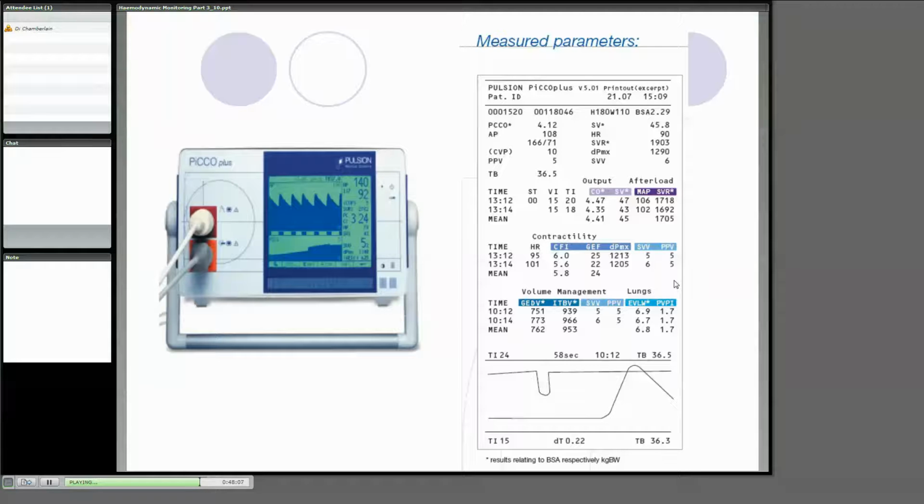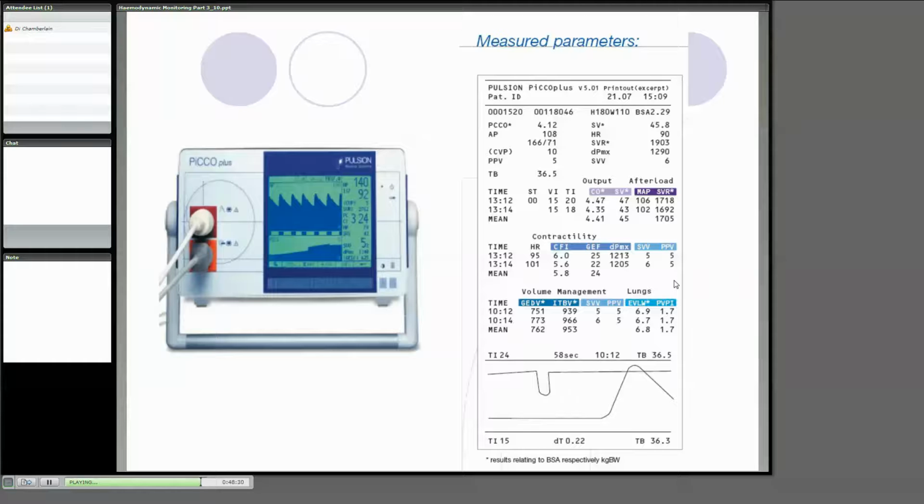You can see it does basic stroke volume, heart rate, SVR, stroke volume variation, which is only 6%, so the patient's well filled. Further down, it does the cardiac outputs every 2 minutes, those static things.